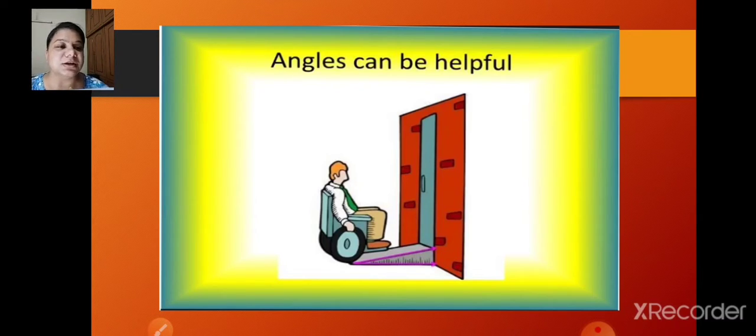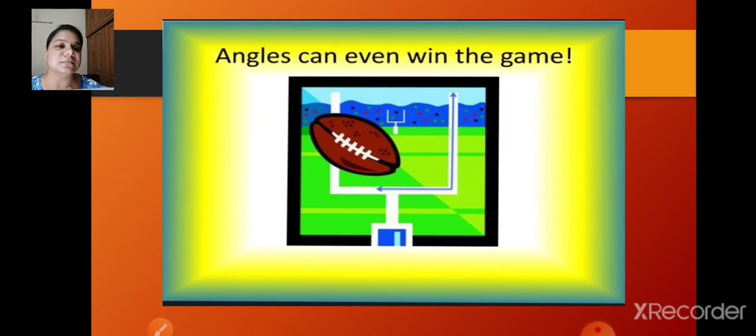There is a slanting. Angles can even help you win a game as well. You have to set an angle when you have to score a goal in basketball or any other game. So you can take help of angles also.